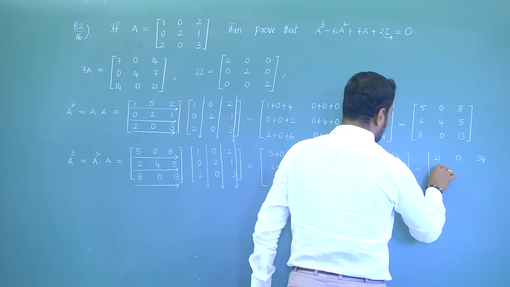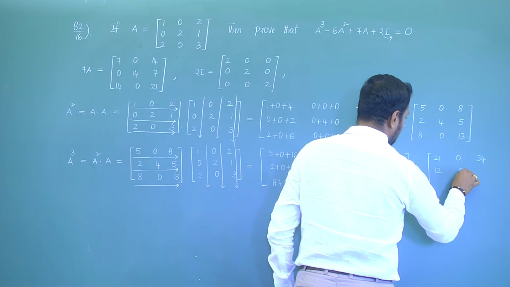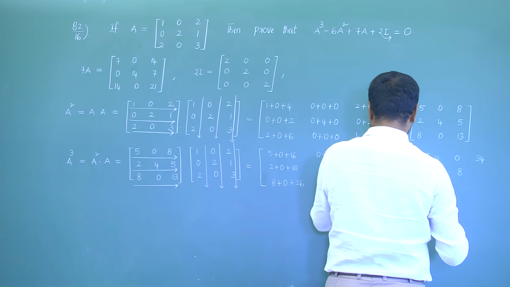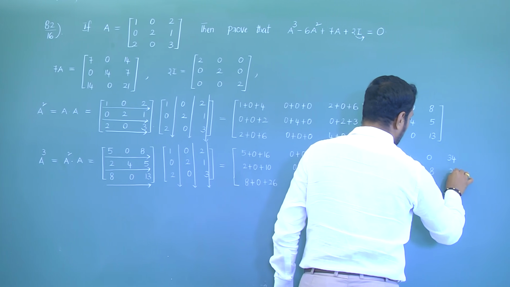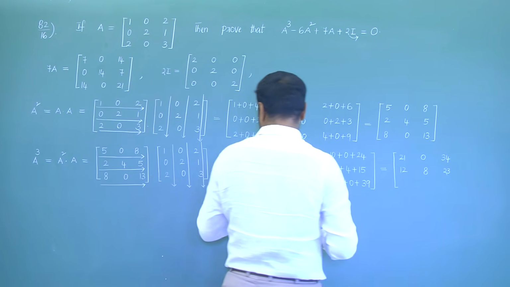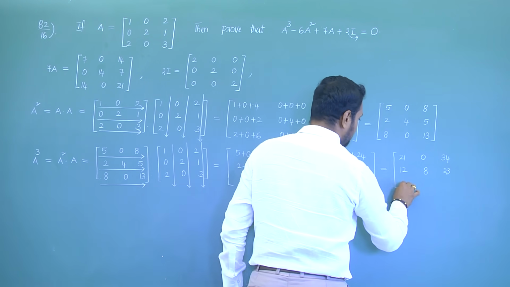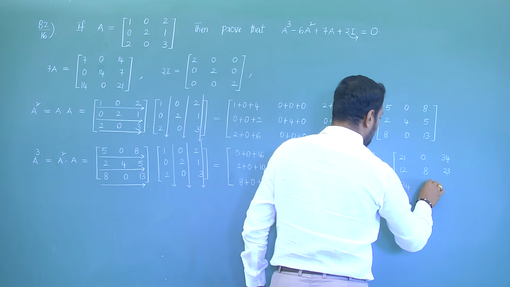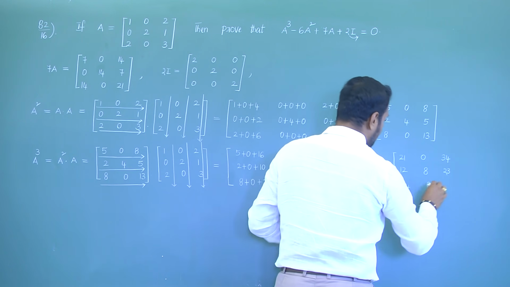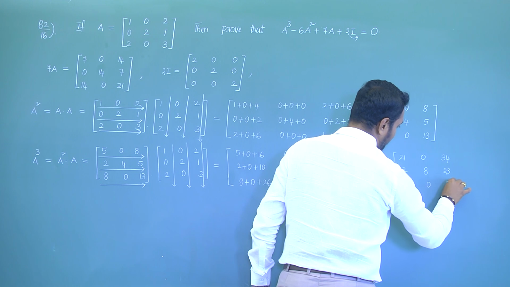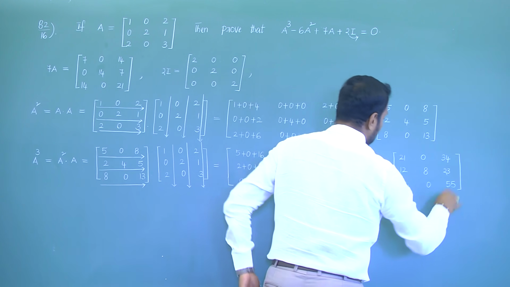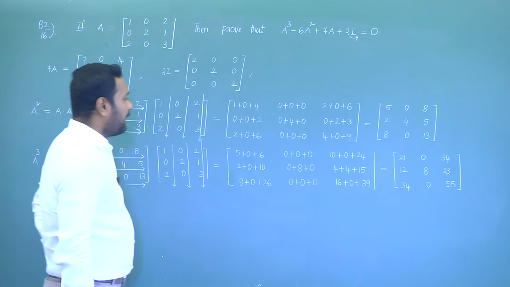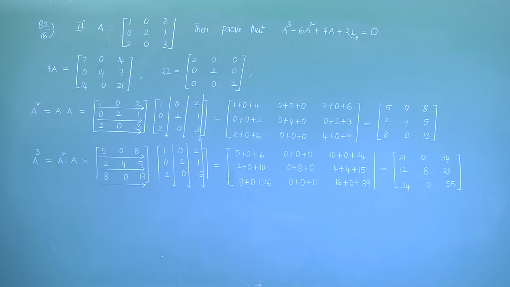Second row elements 12, 8, 19 plus 4, 23. 26 plus 8, 34, 0, 39 plus 16, it is 55. So we have calculated A power 3 also.